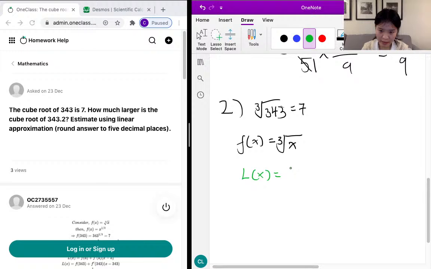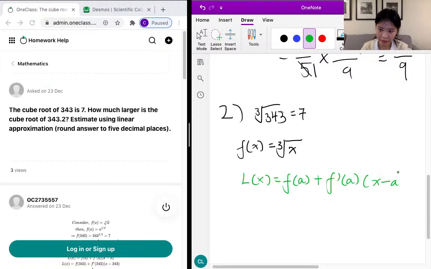So L of x is equal to f of a plus f prime of a times x minus a, where a is the point that we want to use to give the linear approximation.